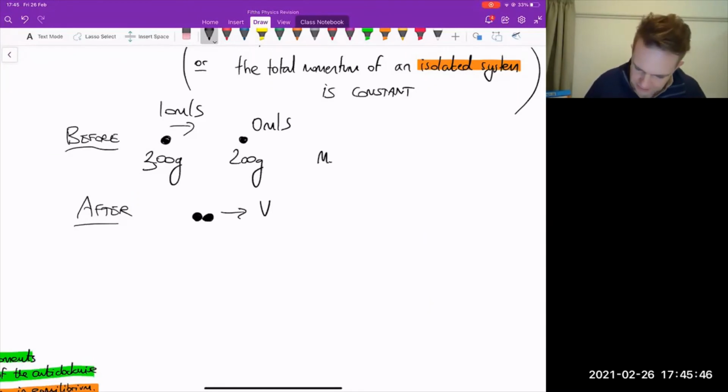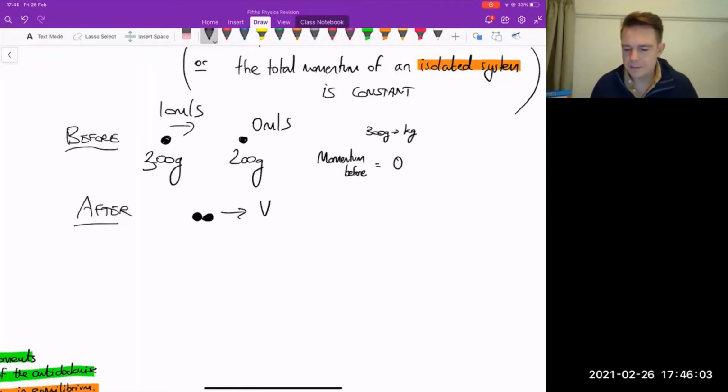The momentum before is equal to, well, we know that momentum is mass times velocity. I'm going to convert the 300 grams into kilograms, because I want my momentum in kilogram meters per second, though it's not necessary. 0.3 times the speed, which is 10.